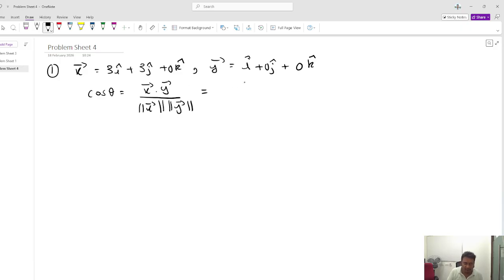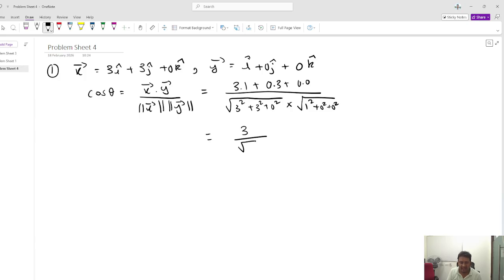So what you will get on top is 3 into 1 plus 0 into 3 plus 0 into 0. The norm will be square root of 3 square plus 3 square plus 0 square, multiplied by square root of 1 square plus 0 square plus 0 square. So what is it, guys? This is 3 by root 18. 18 is 6 into 3, and this is 3 square into 2.